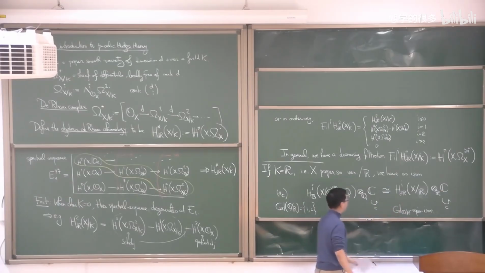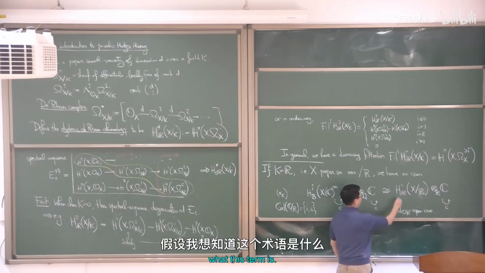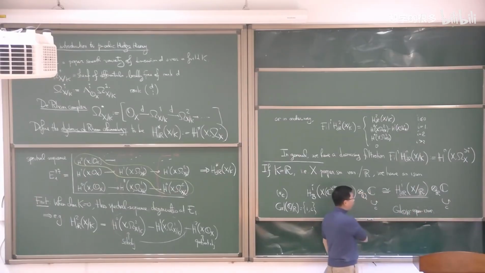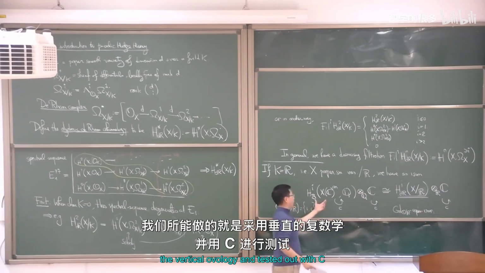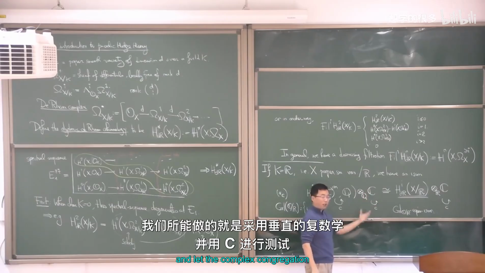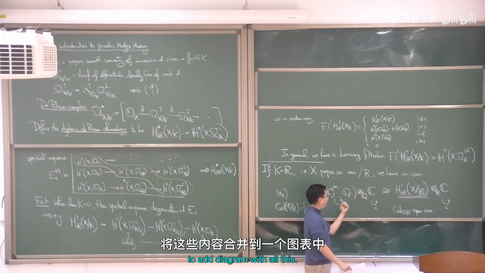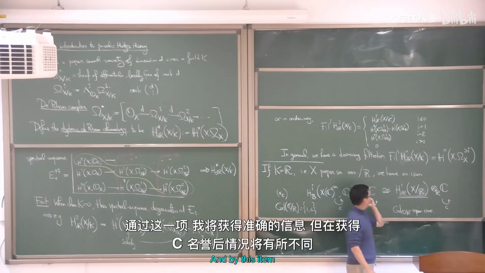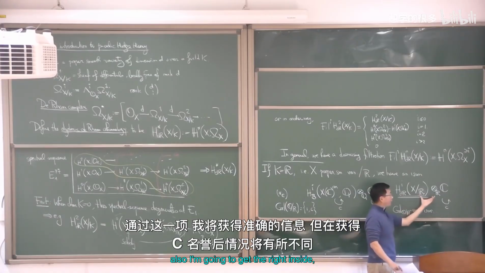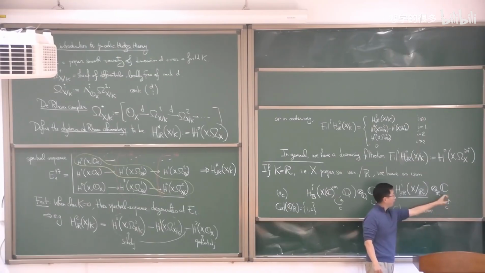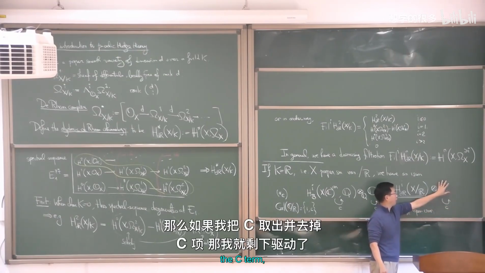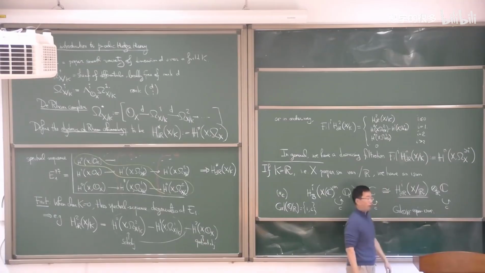Or put another way, suppose that I want to know what this term is. What we can do is take the Betti cohomology, tensor it with C, and let complex conjugation act diagonally on this. By this isomorphism, I'm going to get the right-hand side. Then if I take the c-invariants, this will kill the C term, and I'm left with the right.